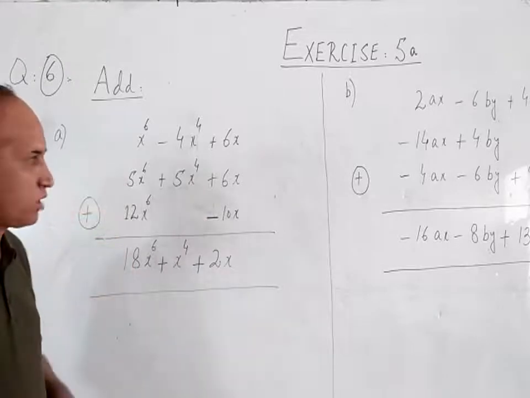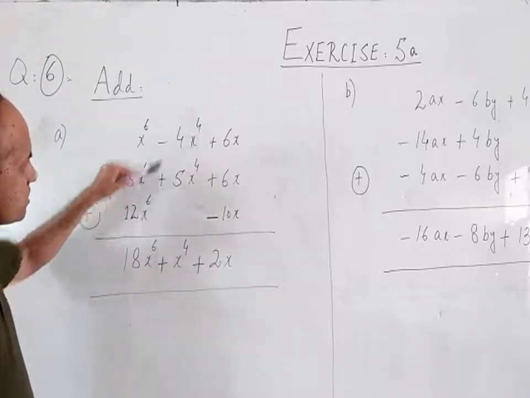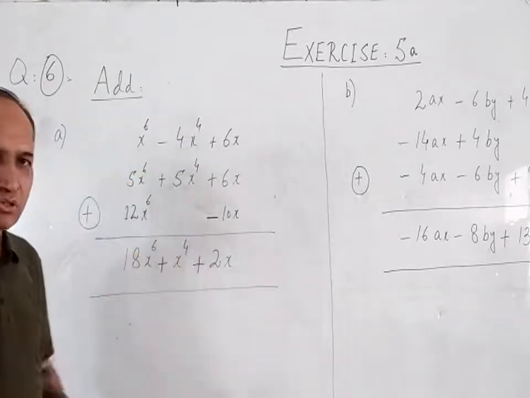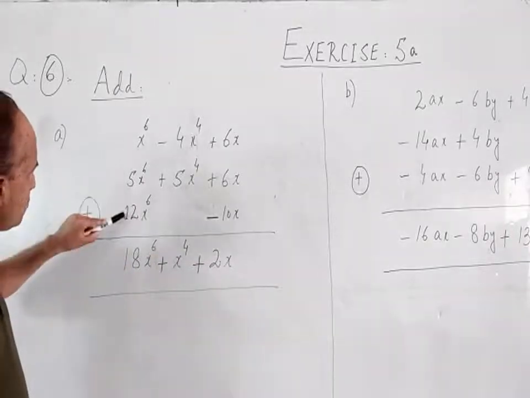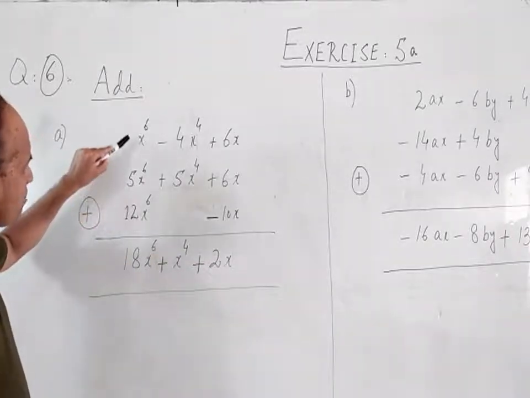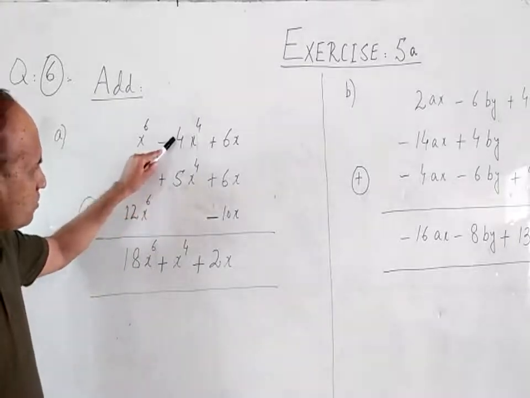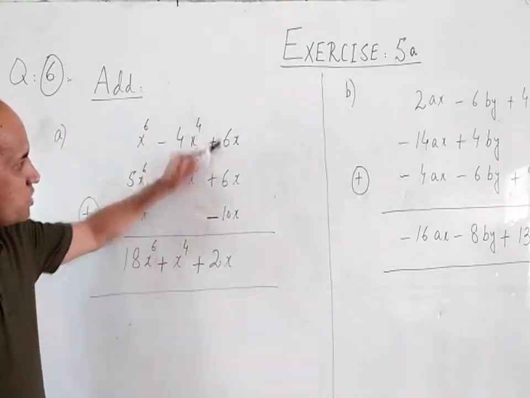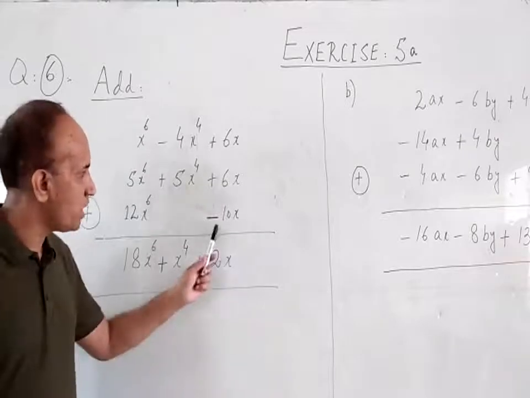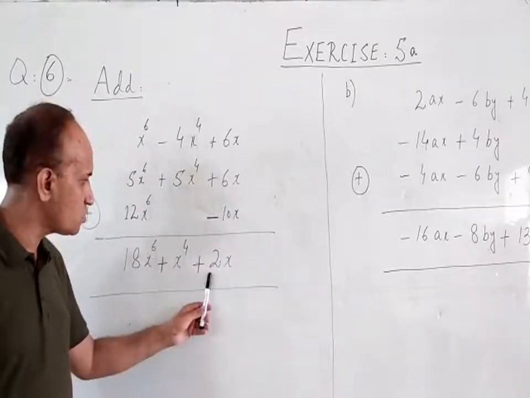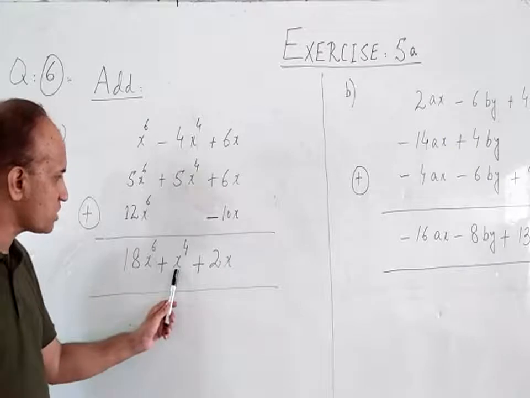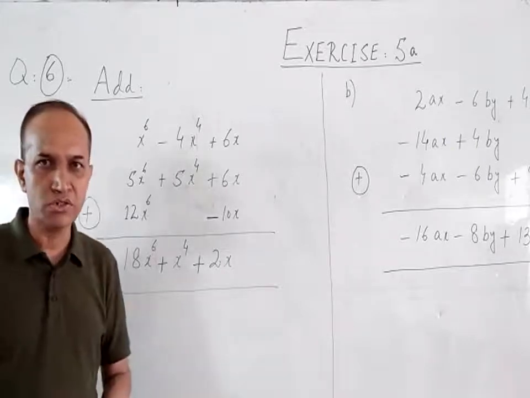So 18x6. 5 minus 4, 1. So x4. 6 plus 6, 12. Minus 10, 2. So it is 2x. So we have 18x6 plus x4 plus 2x is the answer.